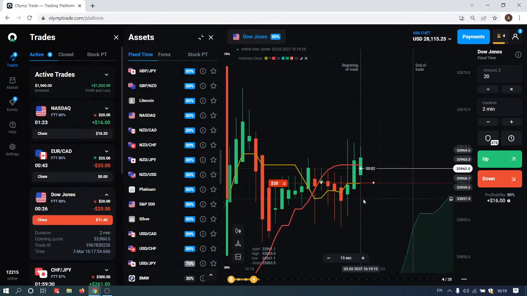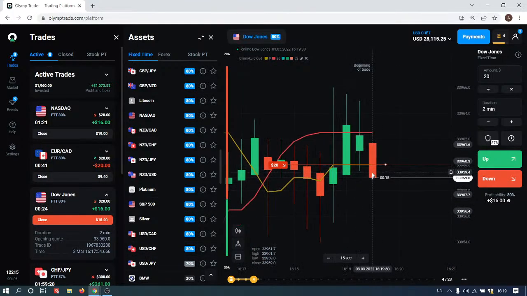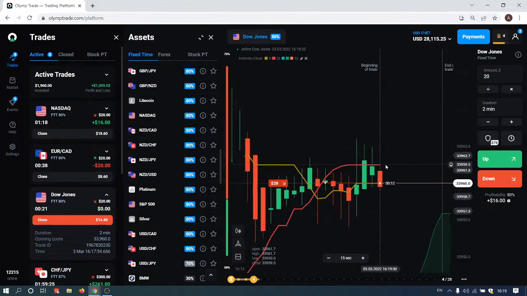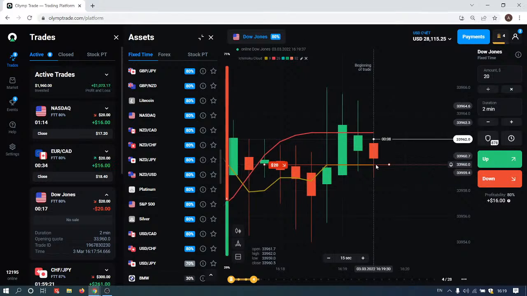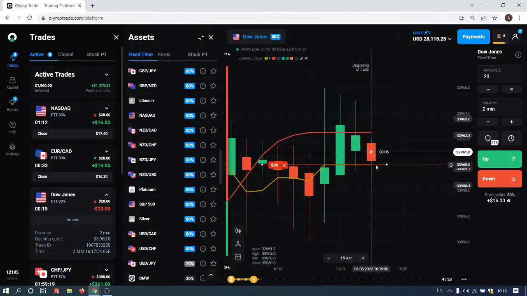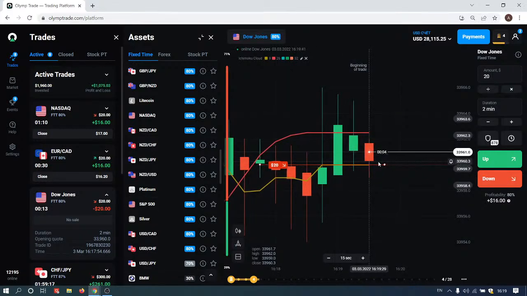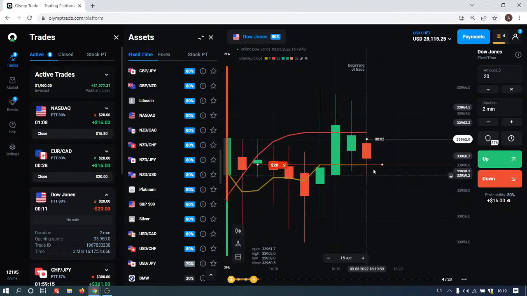All right, so Dow Jones, I would say we're still not really going anywhere, going sideways with a little bit stronger push from the bears, so that's in the downwards direction.